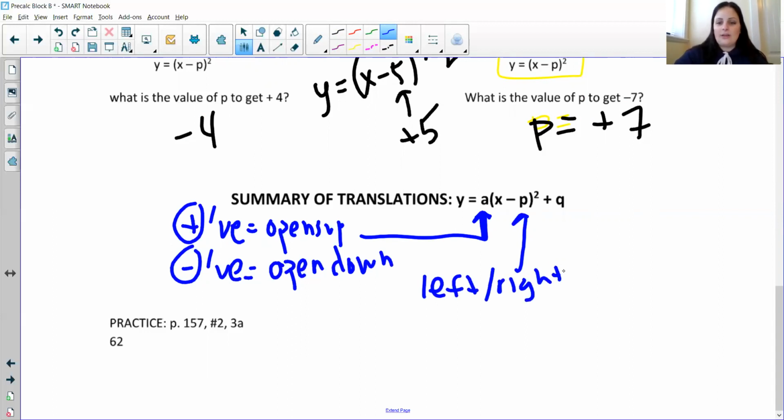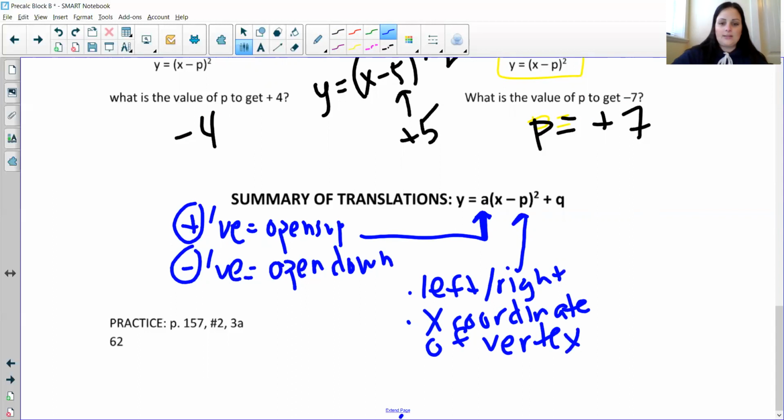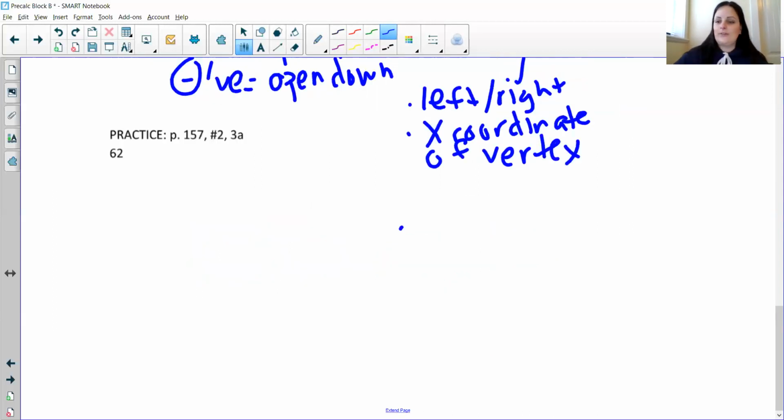We saw that with the 4 and the 7. It's also going to give us the x coordinate of the vertex. It's also, remember, the x coordinate of the vertex is also the equation for the axis of symmetry.